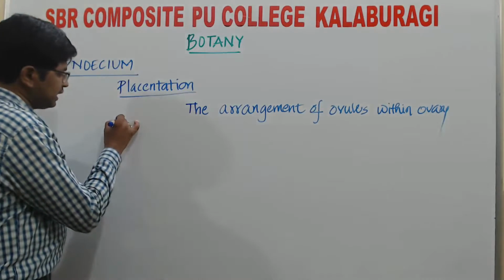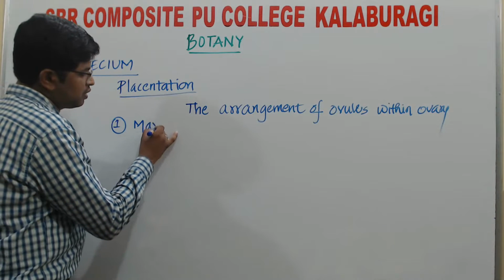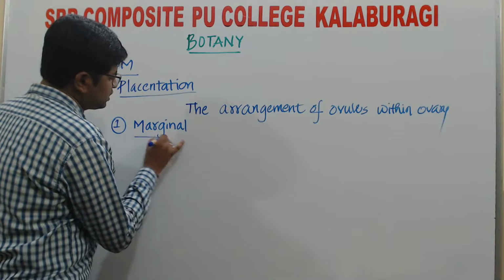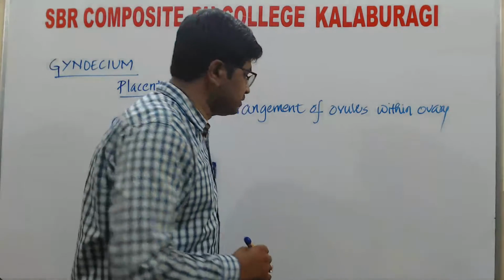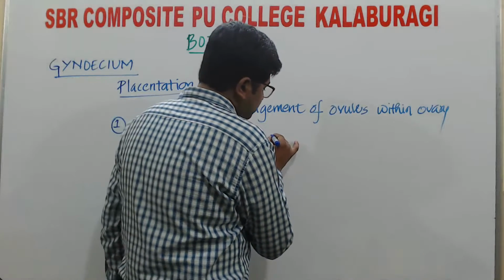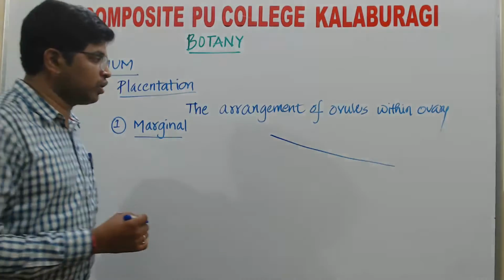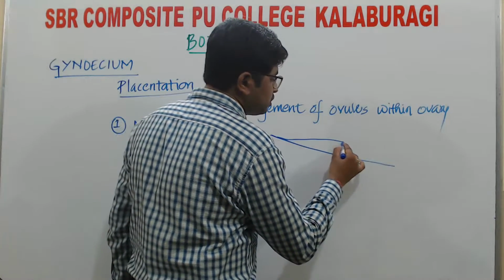The first one is marginal. Now, what is marginal placentation? In marginal placentation, you will see that the ovary wall forms a ridge on the ventral suture.